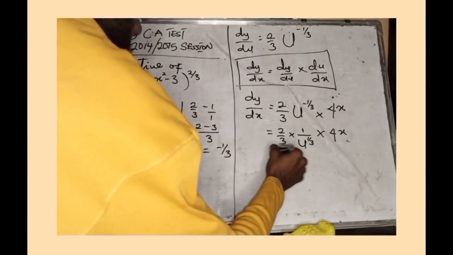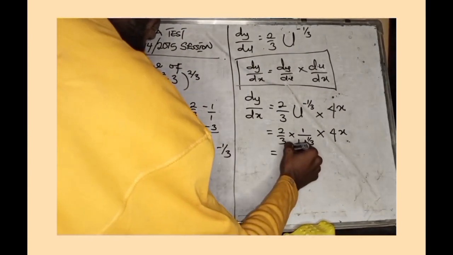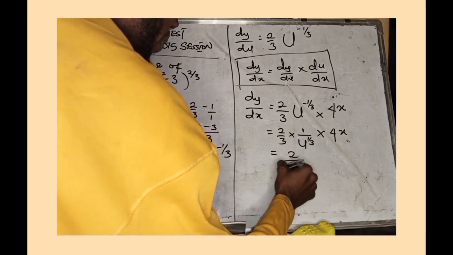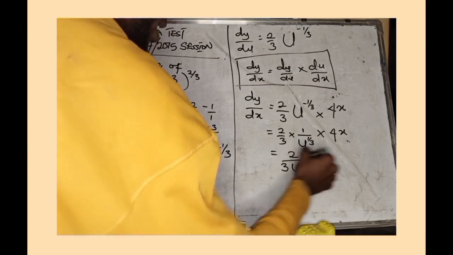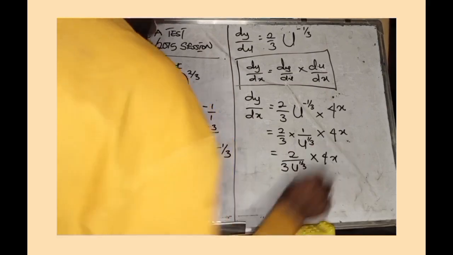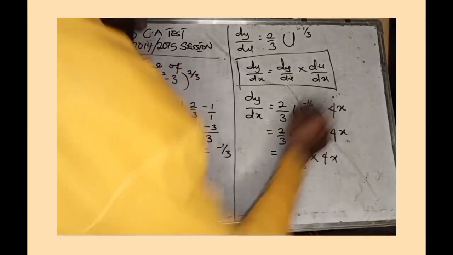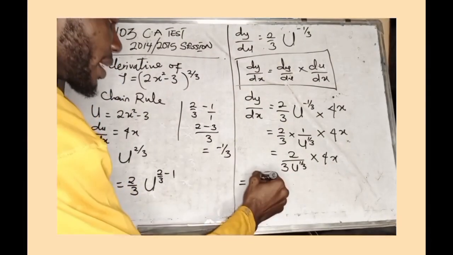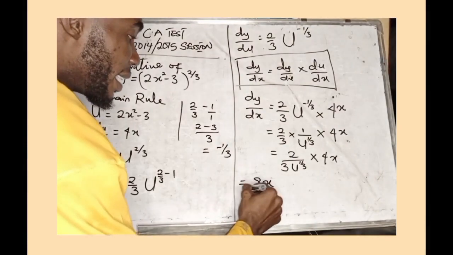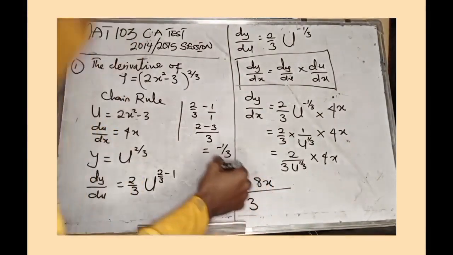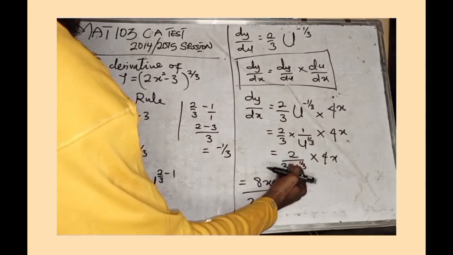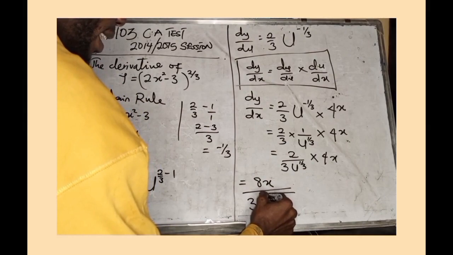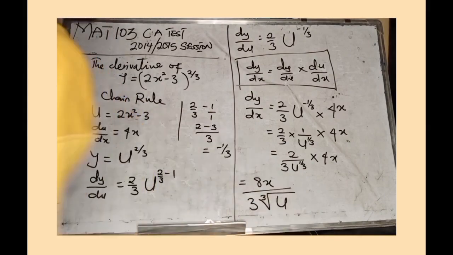So 2 times 1 is 2, all over 3 u to the 1/3, multiplied by 4x. Now 4x times 2 is 8x, all over 3. I can take the cube root, so it can be written in this format, with the 3 coming in by that same law of indices, and here is u.